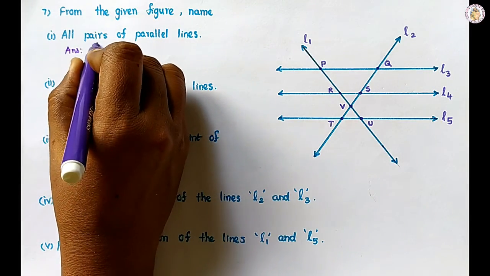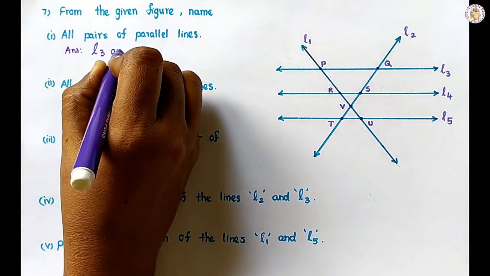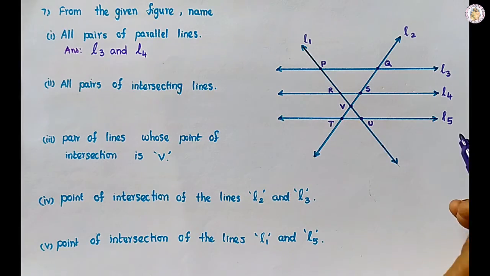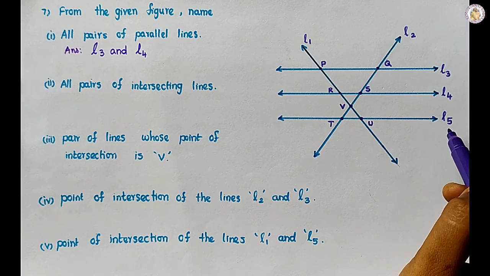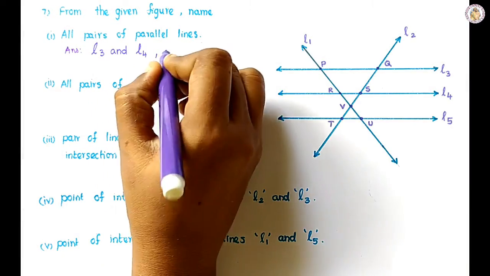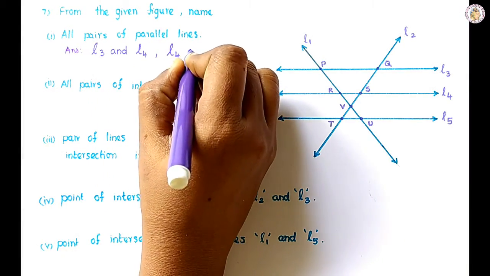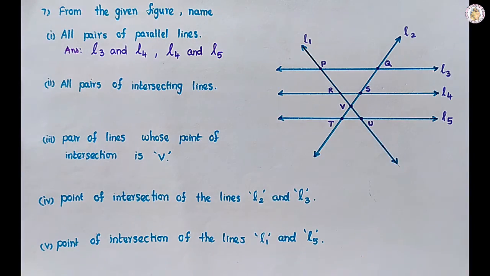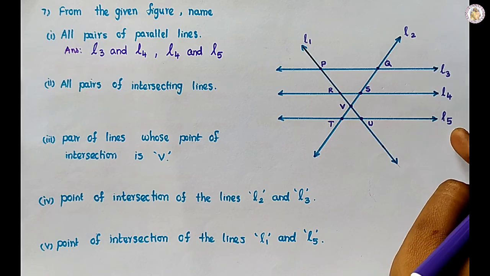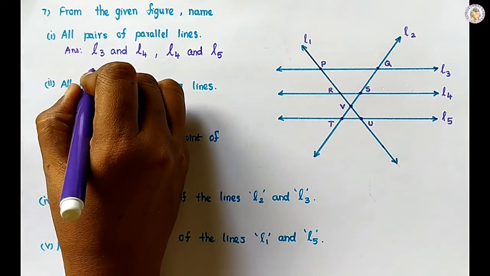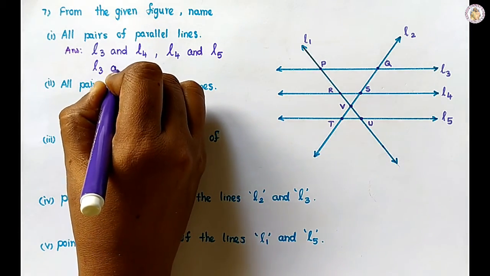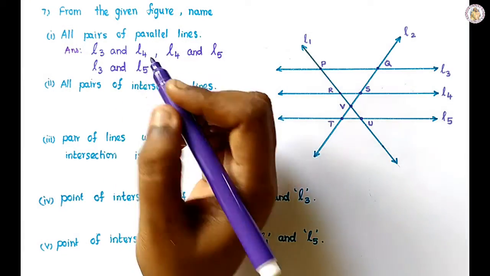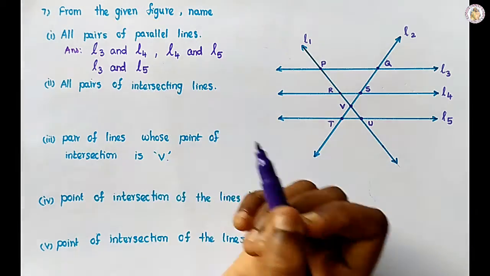So L3 and L4. Next one, L4 and L5 also parallel lines. So L4 and L5, and then L3 and L5 are also parallel lines. So first answer.